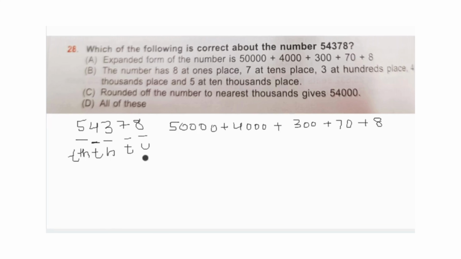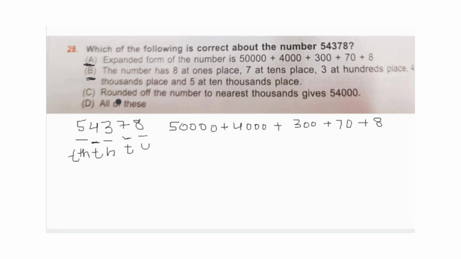Now let's see option B. Option B says the number has 8 at ones place, which is true. 7 at tens place, yes, you have 7 at the tens place. 3 at hundreds place, which is also true. 4 at the thousands place, and 5 at the 10,000s place. So even option B is correct. So far option A is correct, option B is correct.